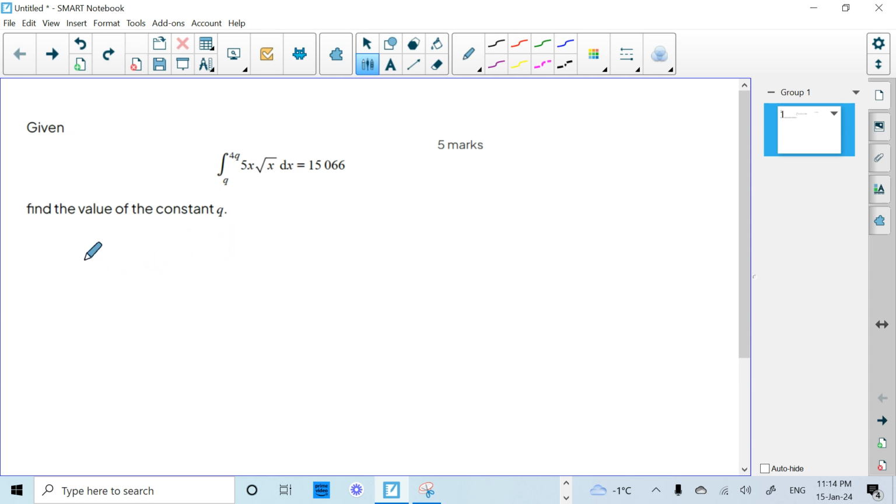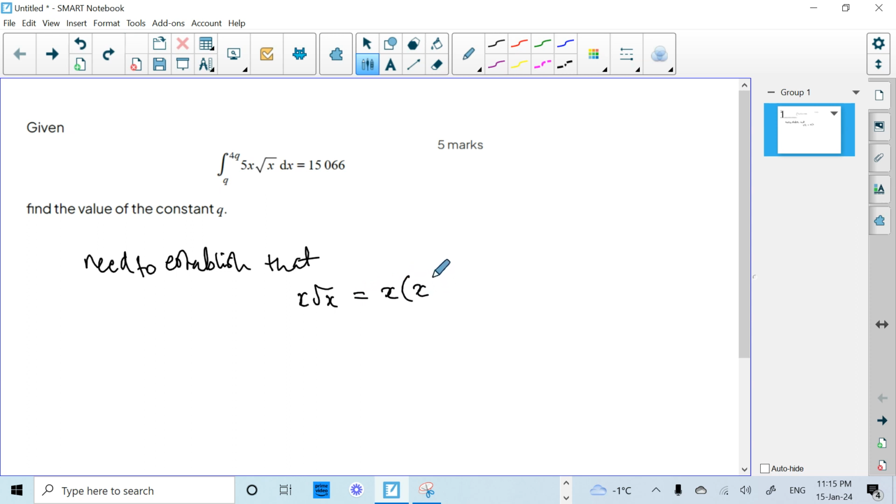Well, first we need to establish what we've got. x times the root of x, you're just going to make it into powers.